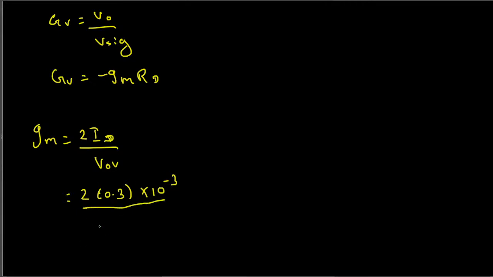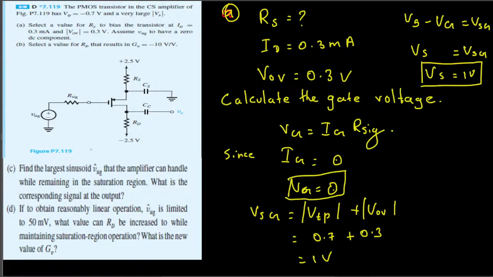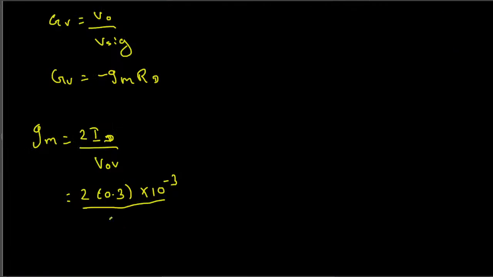V overdrive is also given in the question, and it's already 0.3, so I can plug that in as well. Then 0.3 cancels, and we end up getting 2 milli for the transconductance. The transconductance is given in amperes per volt, so we write 2 milliampere per volt. This is our transconductance.